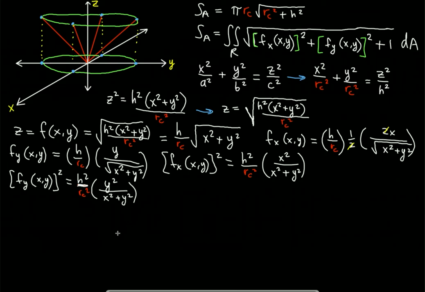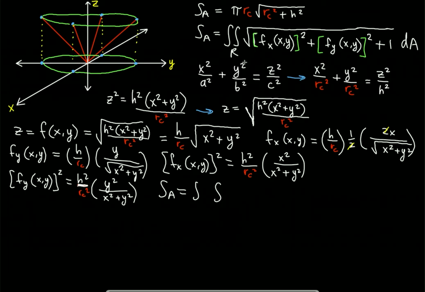Okay, so now that we have that, we know what we're going to put in, right, inside this formula. So let's think about what this integral is going to become. We're not going to determine the limits of integration yet.